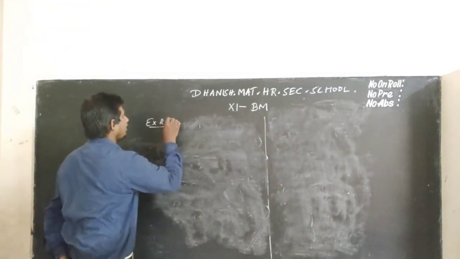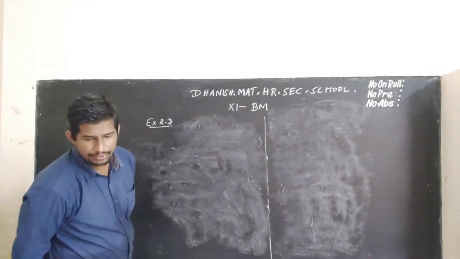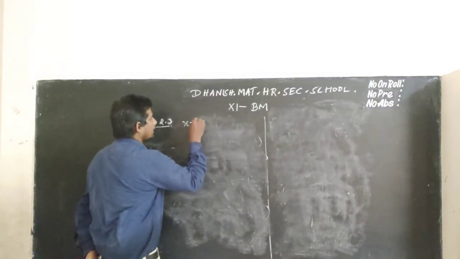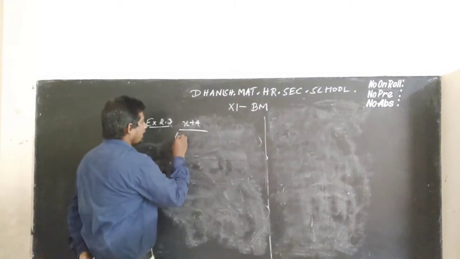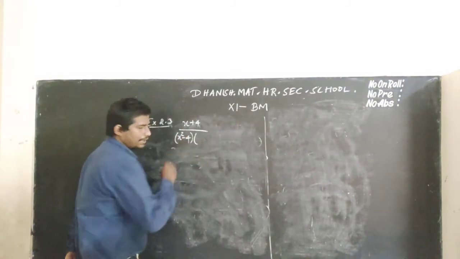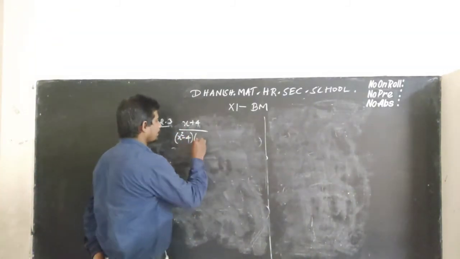Example 2.3. Resolve into partial fraction x plus 4 by x square minus 4 into x plus 1.